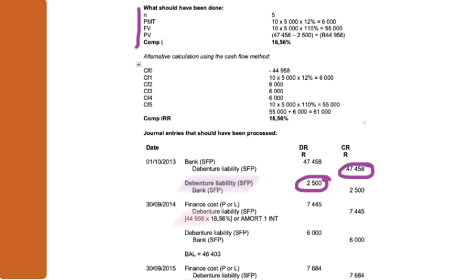That balance has changed with the transaction cost, and you multiply it with your new effective interest rate. So the finance cost amount is different from what was done. The cash flow stays the same: credit bank, debit debenture liability, nominal value times nominal rate.